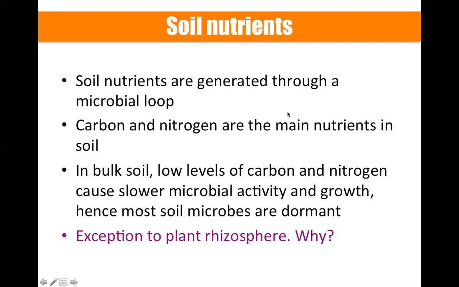Okay, so the microbial population is also affected by the availability of soil nutrients. How are soil nutrients generated? It actually depends on the presence of the microbes, or what we call the microbial loop, how it connects to each other.